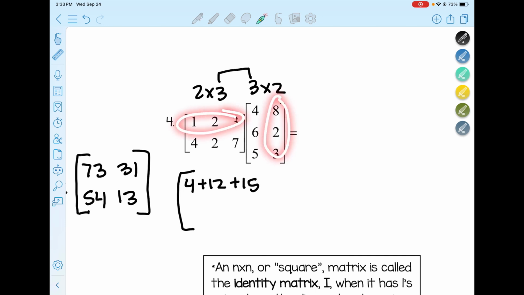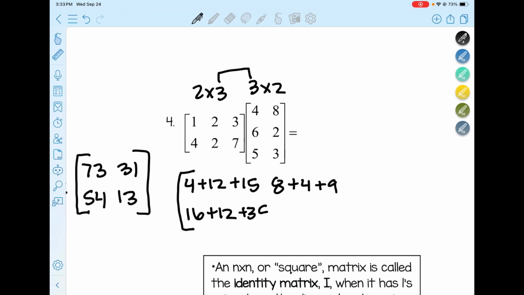First row times second column. So I go 1 times 8, which is 8, 2 times 2, which is 4, 3 times 3, which is 9. Now we're going to move on to the bottom row. So I'm going to do the bottom row in the first column. So I get 4 times 4, which is 16, 2 times 6, which is 12, 7 times 5, which is 35.